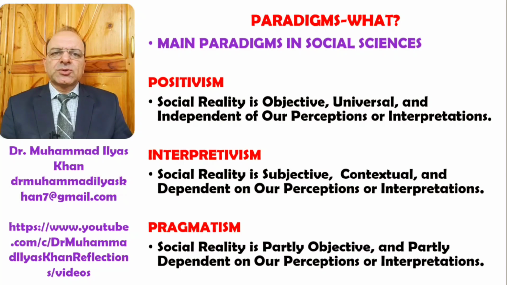In other words, social reality is out there, and our beliefs or interpretations or perceptions have nothing to do with the what and how and the why of social reality.